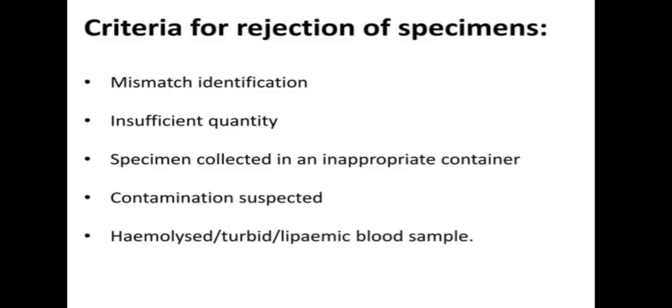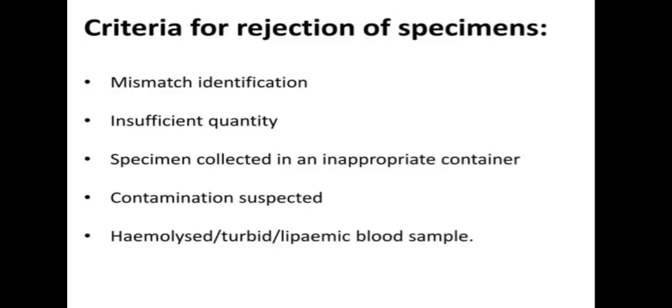Criteria for the rejection of a sample are based on such things as those showing on your screen: mismatched identification, insufficient quantity of sample, a specimen that is inadequate or disproportionate in the container, suspected contamination, and hemolyzed, turbid, or lipid-containing samples.